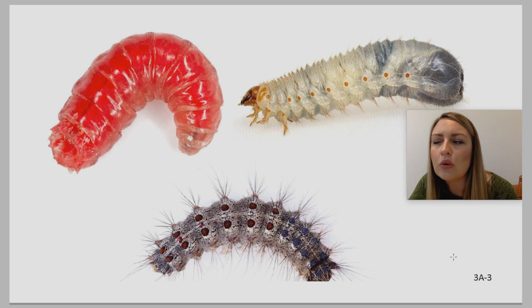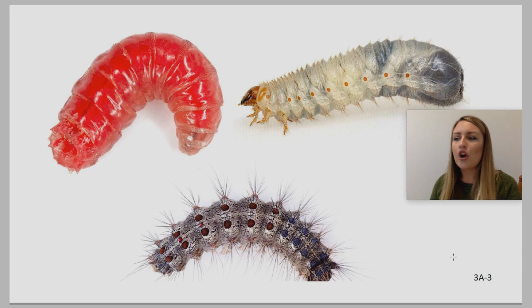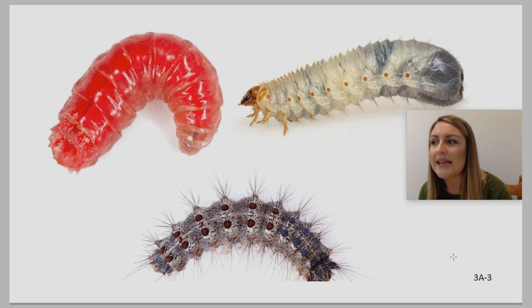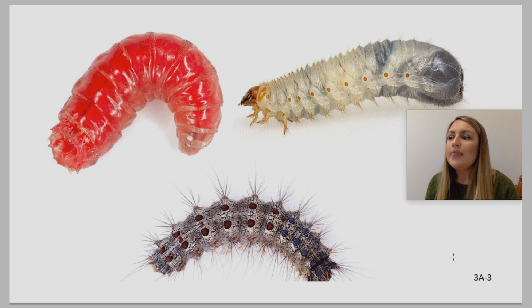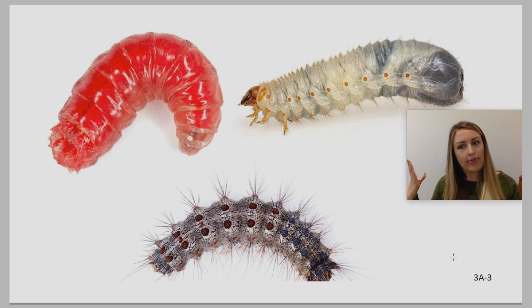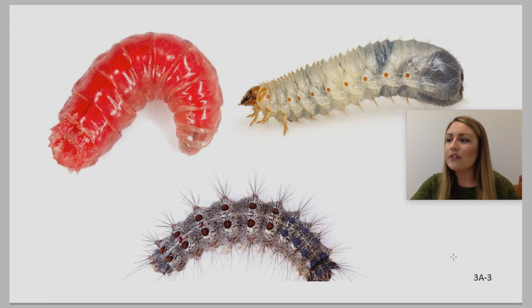They also molt or shed their hard exoskeletons many times as they grow. They do this because the exoskeletons can't grow with them, so they have to shed that old skin off to get bigger.